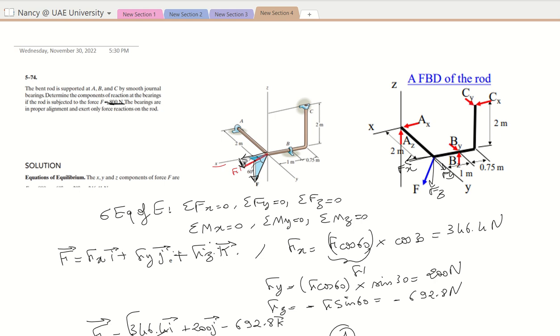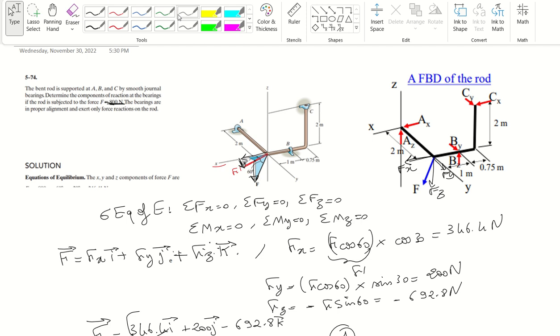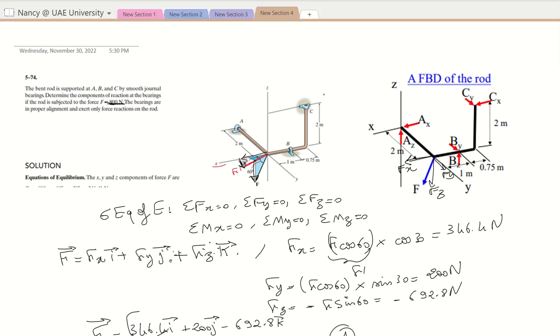So here I'm basically placing, I will try to draw it for you, but you can please check the previous lecture about this. I'm placing my thumb here along the positive z-axis, and my four fingers will give me the positive rotation. As you can see, this is my positive rotation. It's opposite to Cx and it's opposite to Cy. So that's why Cx and Cy will make negative moment about the z-axis.